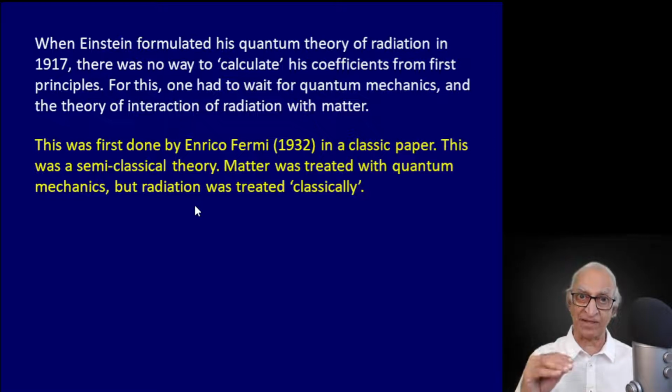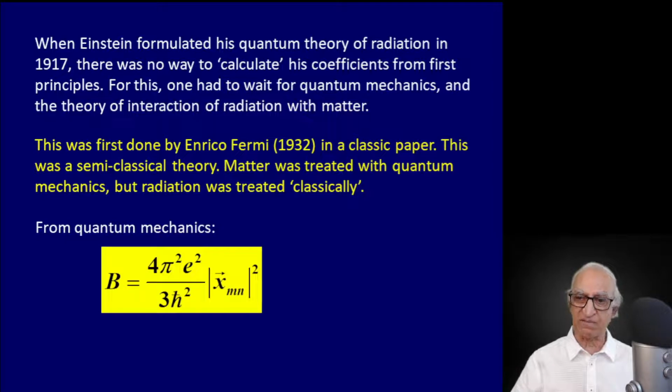Fermi treated matter quantum mechanically because Einstein and Bohr had taught us how to deal with energy levels. But he treated radiation still classically using Maxwell's theory. From quantum mechanics, Fermi was able to derive that the coefficient B is related to what is known as a matrix element in quantum mechanics.